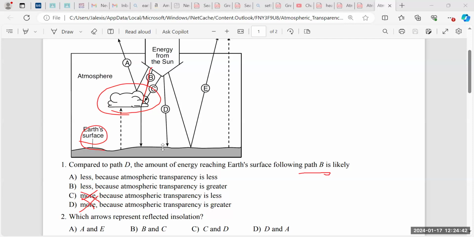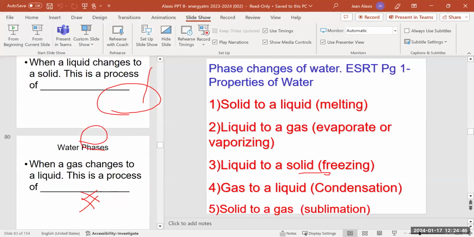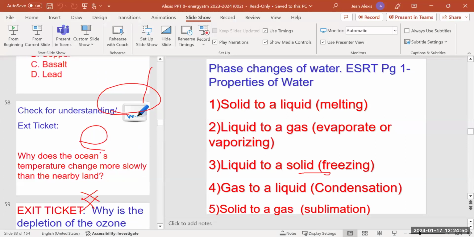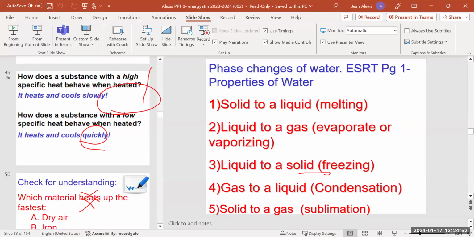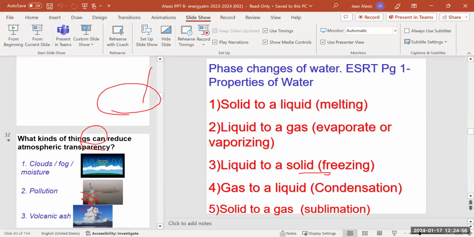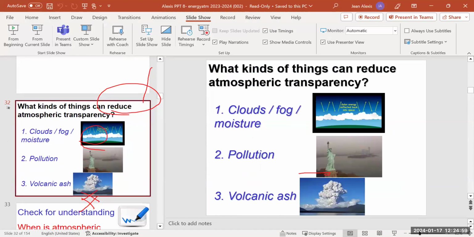Now, what do clouds do? If we take a look in our notes, all right, let's just keep scrolling. But if you take a look in your note sheet, we mentioned it right here, where we stated what are the things that can reduce, meaning to make smaller, the atmospheric transparency? And clouds is number one on that list, right?